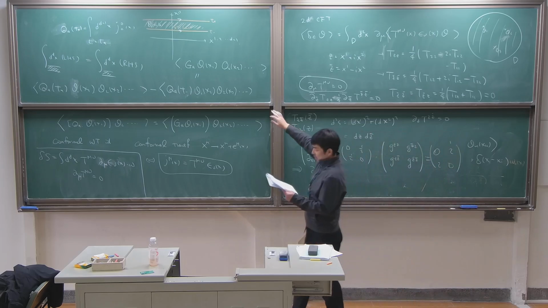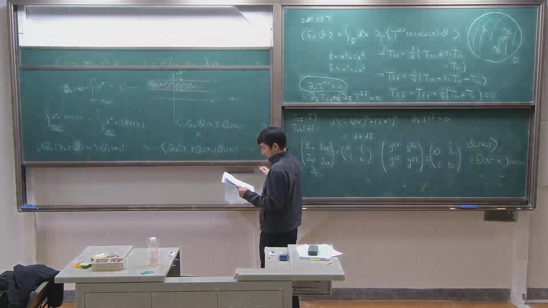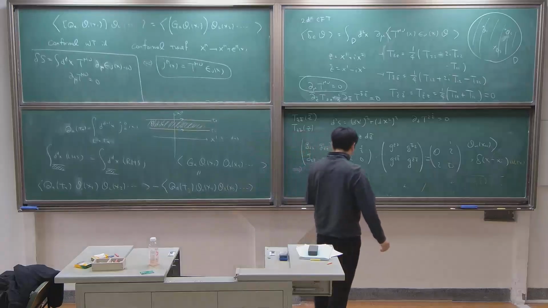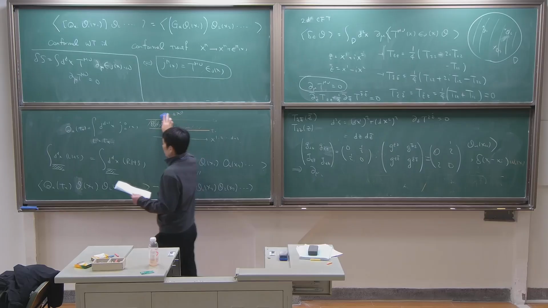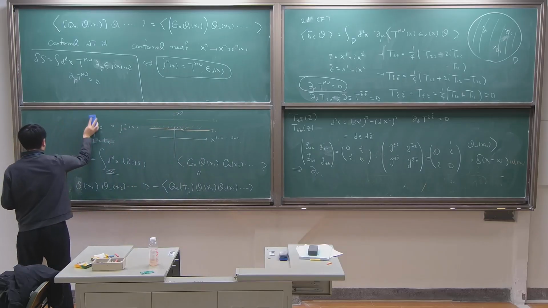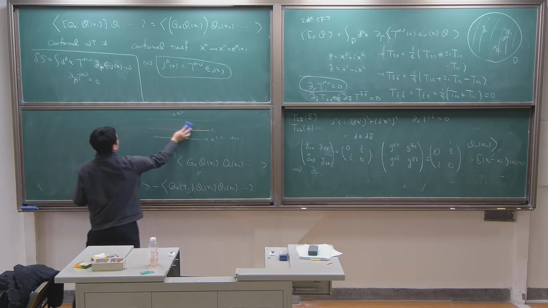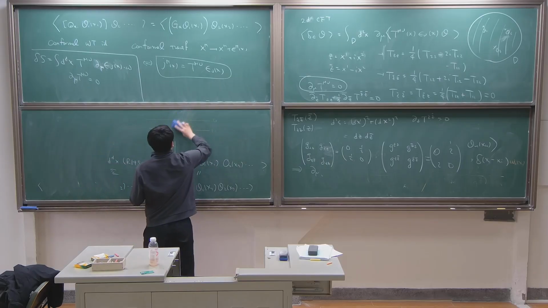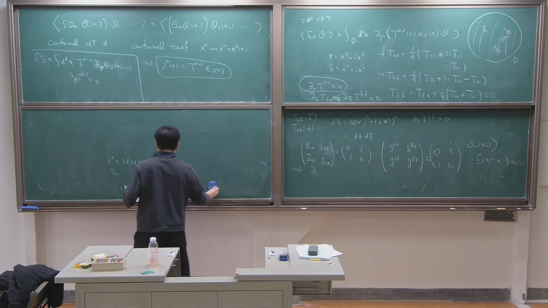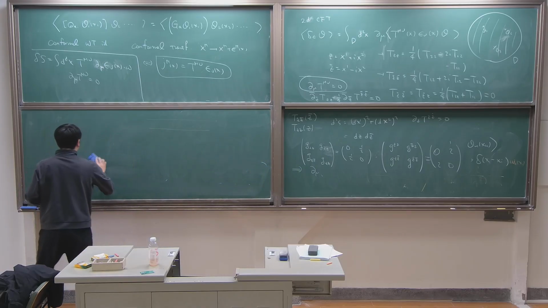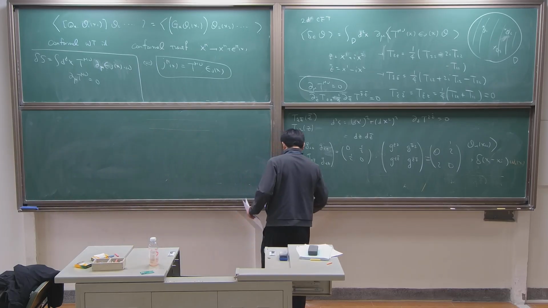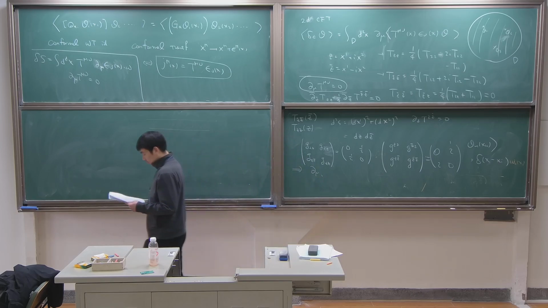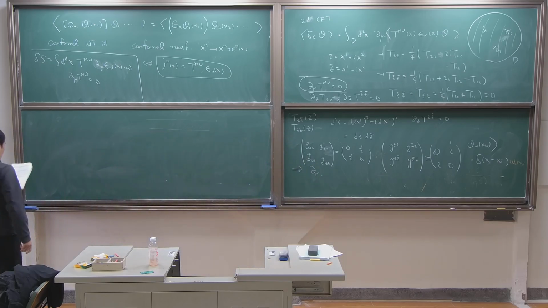So therefore, you can always factorize this correlation function into holomorphic and anti-holomorphic parts.